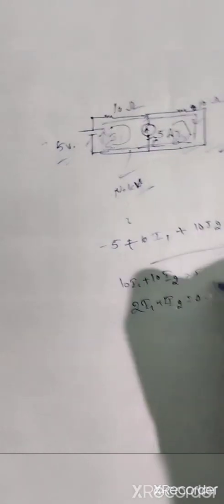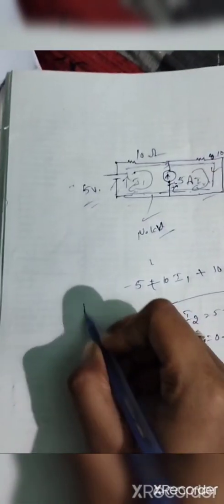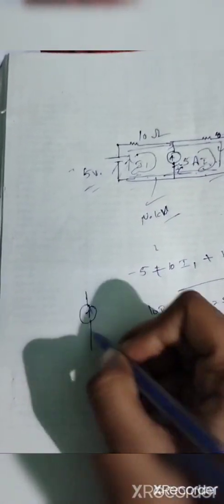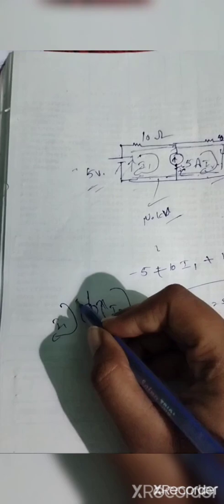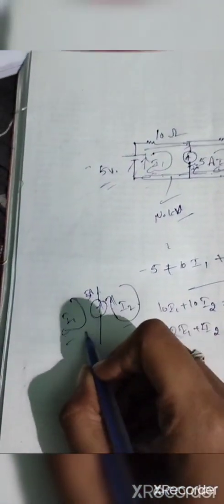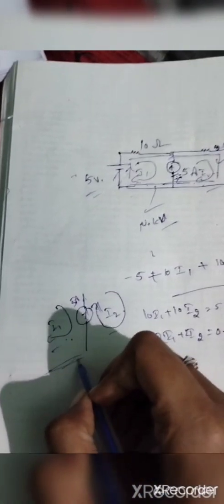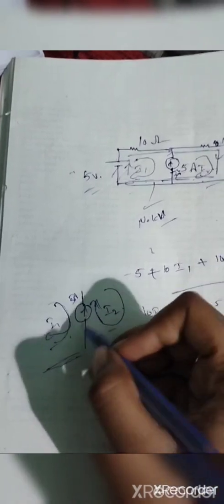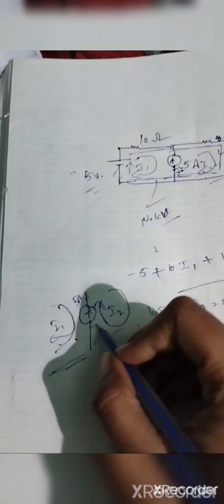How to get the second equation? This is one equation, and the second equation is by taking the current source. We have the current source of 5 amperes, and this is I1 and this is I2. Here I1 minus I2 equals minus 5, because if we take the first loop, I1 is downward against the current source, but if we take the second loop, I2 is in the same direction as the current source.